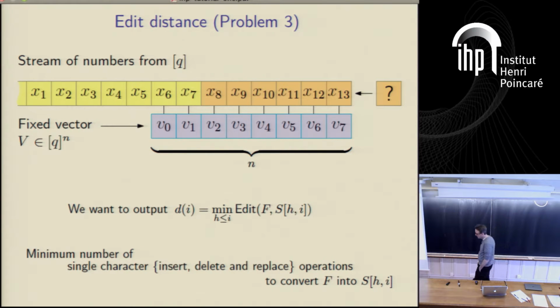We minimize over these h's, which are less than i, the edit distance between the fixed string and the suffix. So a new symbol comes in, and we want to give the minimum edit distance between our fixed string and any suffix of the stream that we have at the moment. Why is it difficult to prove a log lower bound for this problem? Is it immediately obvious to anyone?